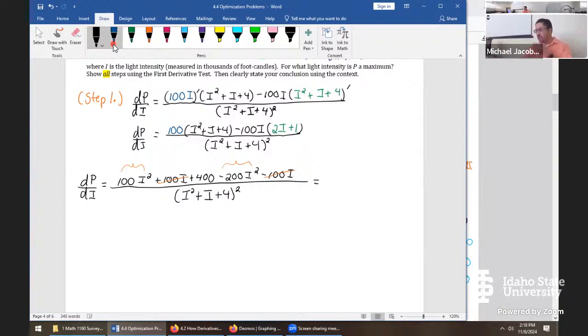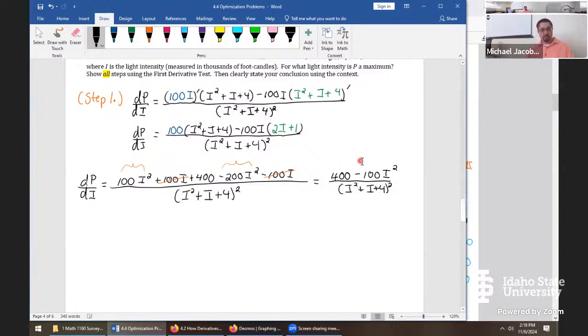So the next step, we've got 100i squared. Or hang on, forgot to combine those. Let me start with just the constant 400. Then where these brackets were, 100i squared minus 200i squared is negative 100i squared, divided by I squared plus I plus 4.